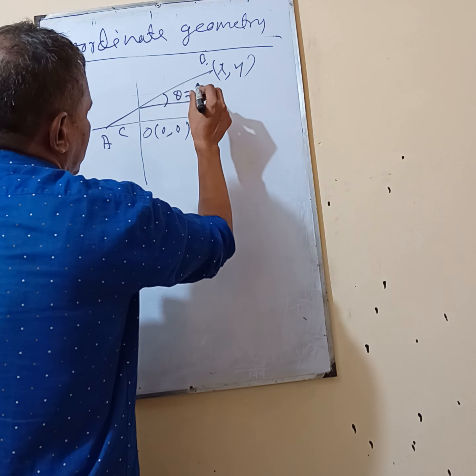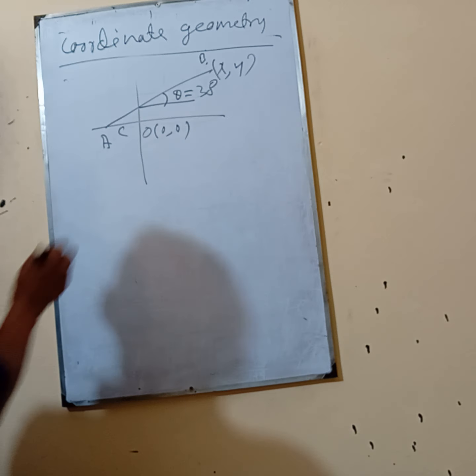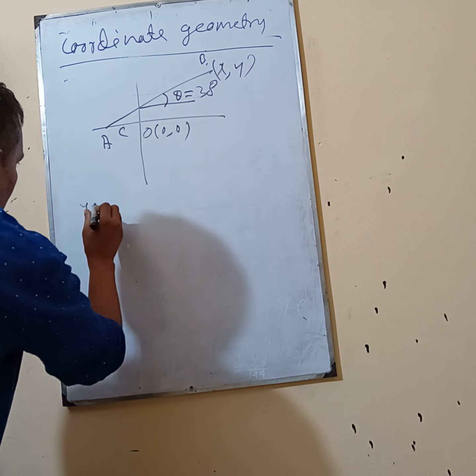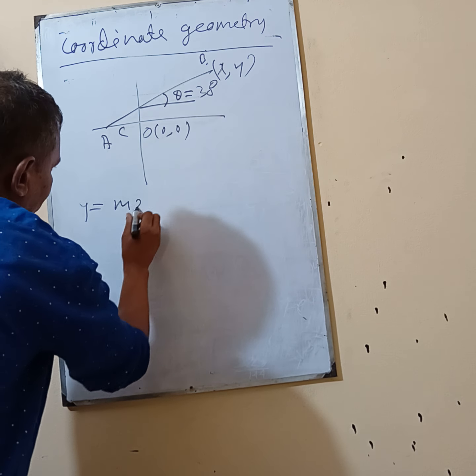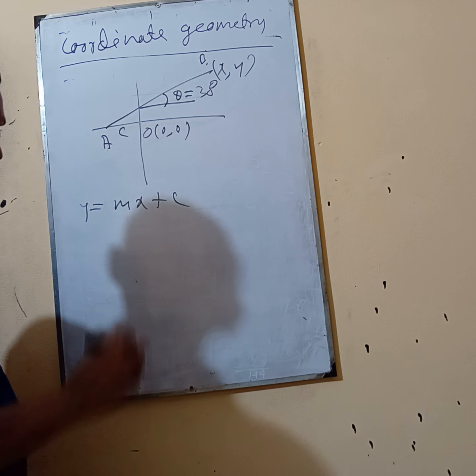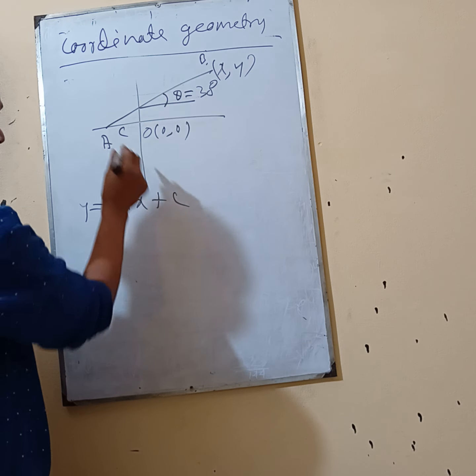Suppose this theta may be 30 degrees. So I have to remember mx plus c. This is a straight line. M is a gradient, plus c.